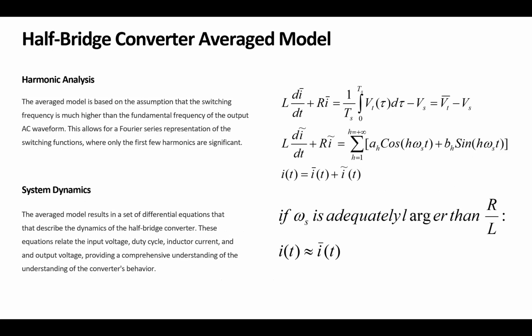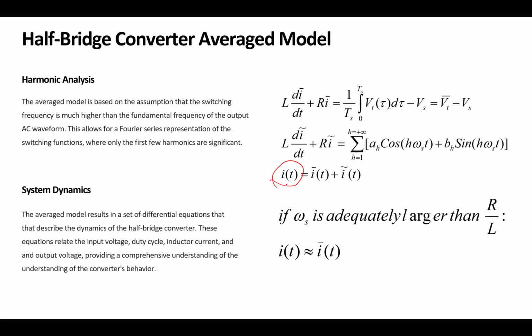It's some kind of superposition effect. For example, if our current is time varying, we could divide it into the average of those three components, plus the variation of those three components.